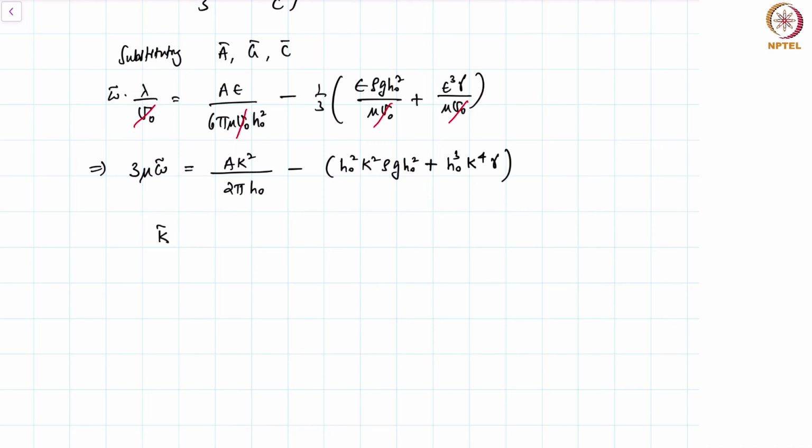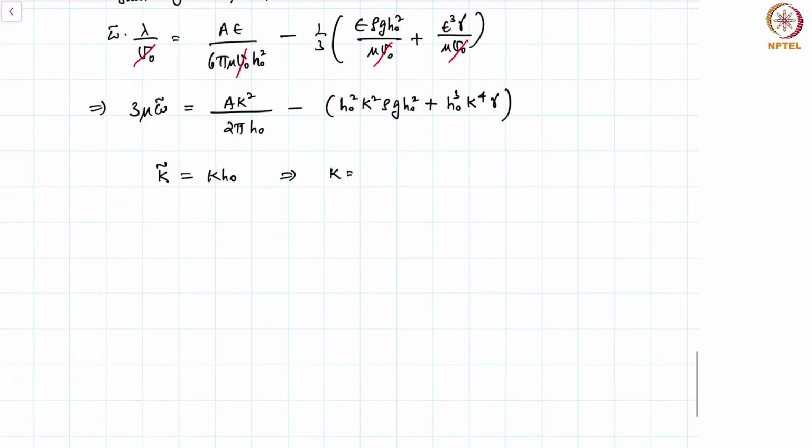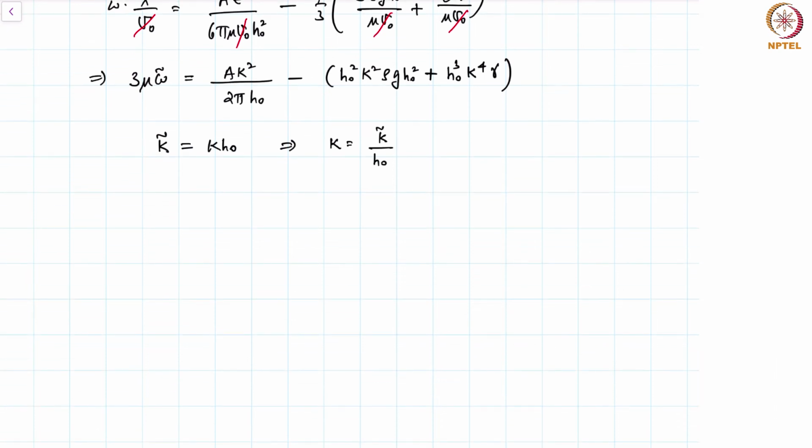So we recognize that the dimensional wave number k tilde would be k h naught, and therefore wherever there's k, I can simply substitute k tilde by h naught, and therefore we have 3 mu omega tilde essentially becomes A k tilde square by 2 pi h0 cube minus k tilde square rho g h0 plus 1 by h0 k tilde power 4 times gamma.